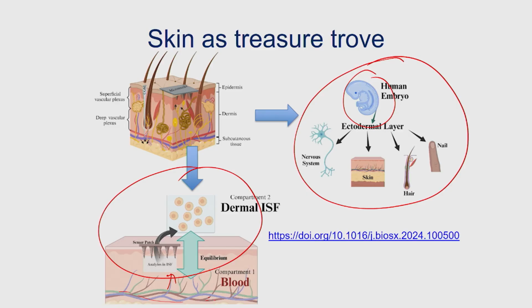The skin is of ectodermal origin, meaning that the skin originates from the ectoderm, the outer layer of the human embryo. Any other organ that originates from the same layer would have the same kind of biomarkers. That's a theory. It's still a hypothesis. I wouldn't say it's been fully confirmed, but there are publications. They talk about biomarkers like alpha-synuclein, which is a very valuable biomarker for Parkinson's disease.